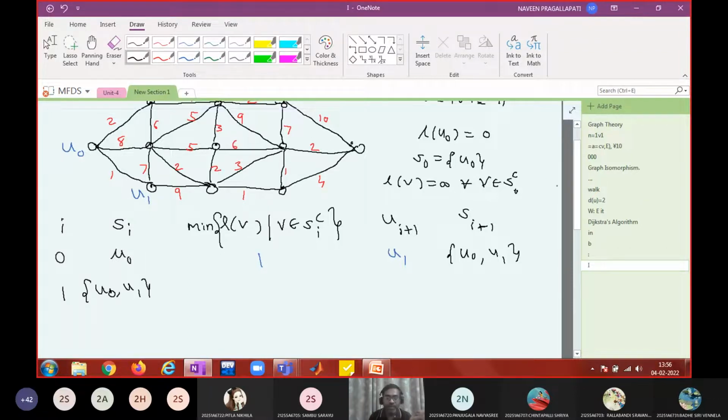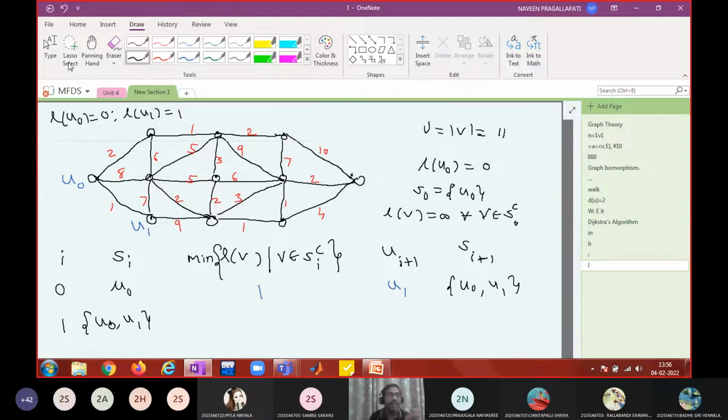Now what you have to do in this iteration: these two vertices are in this set, and the rest of the vertices are this. Now you assign the distance which is the shortest to one of these nodes.